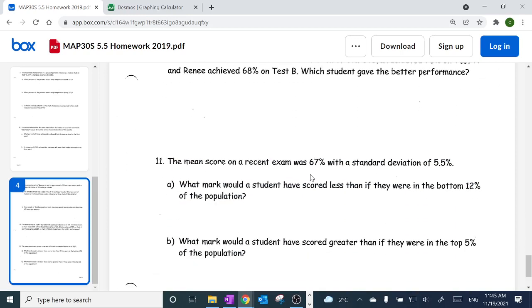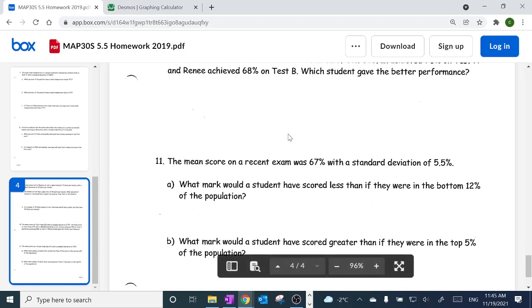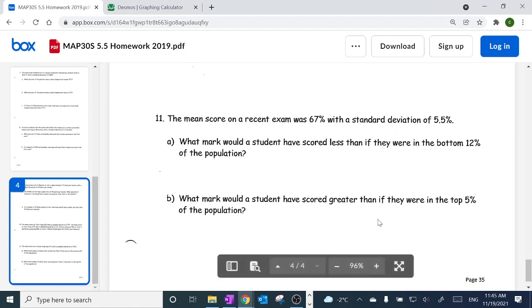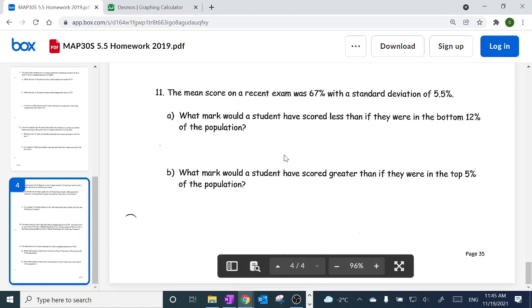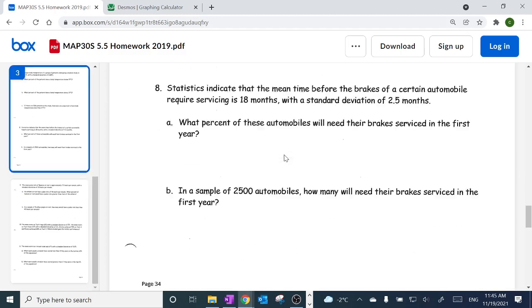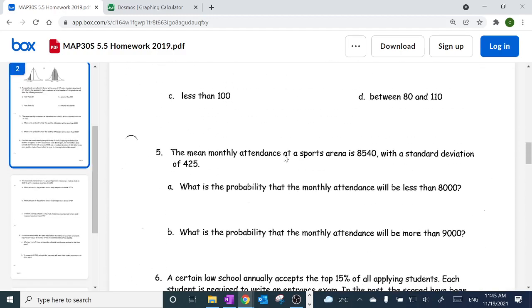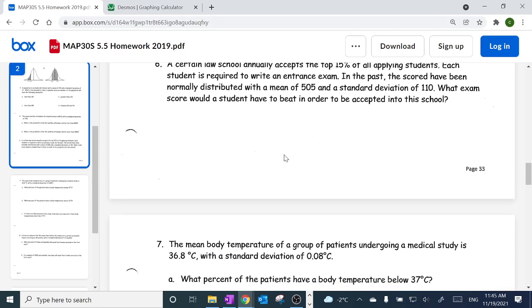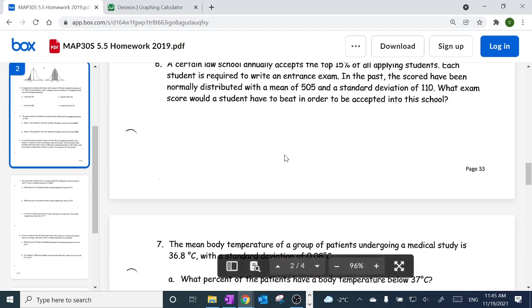You can do 10. You can do 11, I think. Oh no, wait a minute. No, what mark would be in the top 5%? You can't do 11. So okay, so we need to do the next lesson before you can tackle 5, 6, and 11. But the rest you should be able to try.